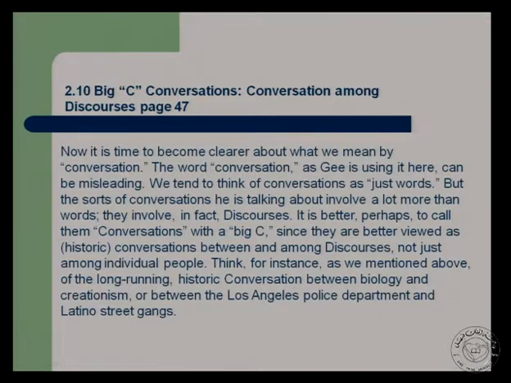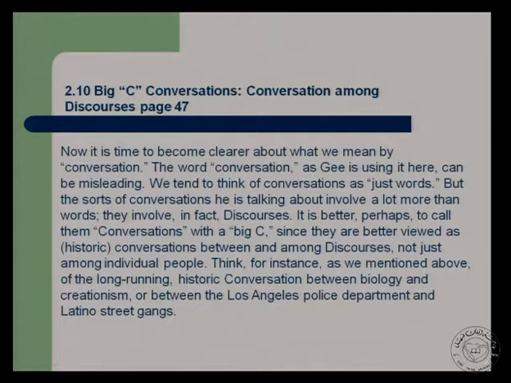Conversations with a big C are better viewed as historic conversations, related to history. If you understand the history of America, you can understand the conversation between these two individuals. They are historic conversations between and among discourses, not just among individual people.